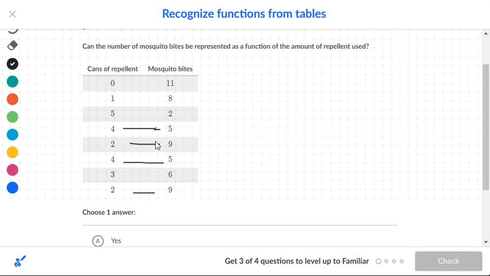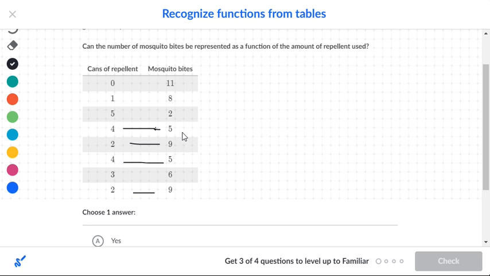So yes, this would be a function. Even though I have a repeat, it's the same point being repeated there. So it's not like the x has a different number, because you always want to look at your x, and if the x is repeated and it's the same y, then that's okay. But if the x is repeated with a different y, that's not okay.